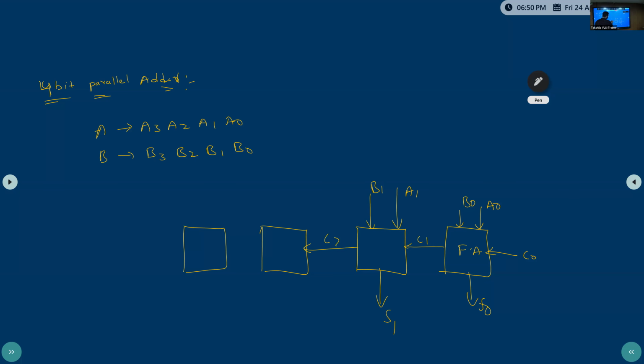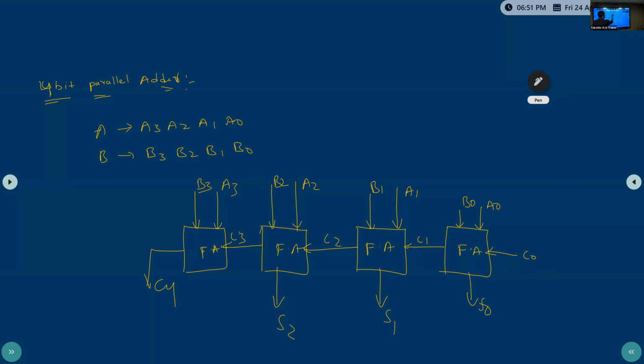This is C2, A2, B2, C3, sum 2, A3, B3, C4. So this is the 4-bit parallel adder. 4 full adders are required for this.